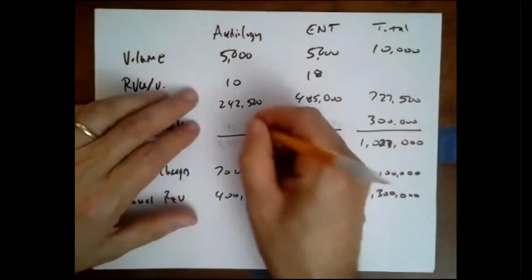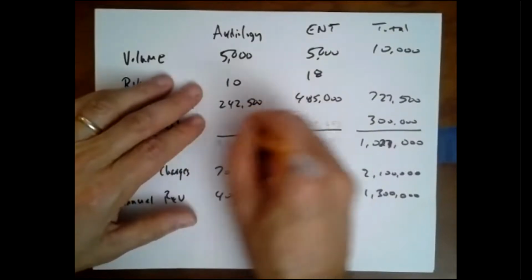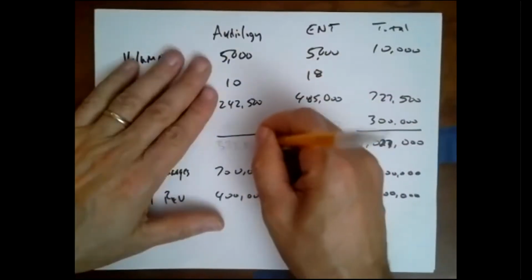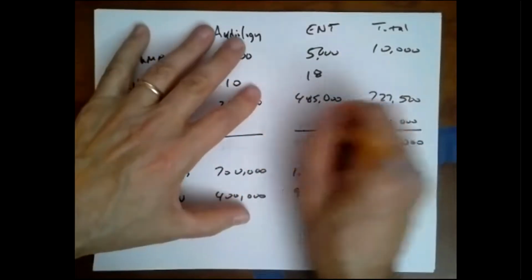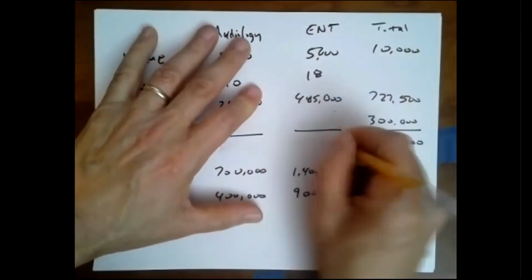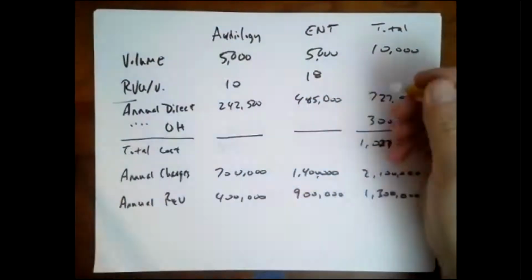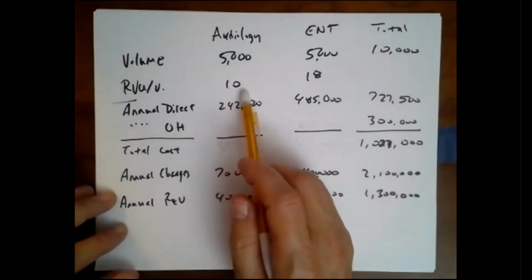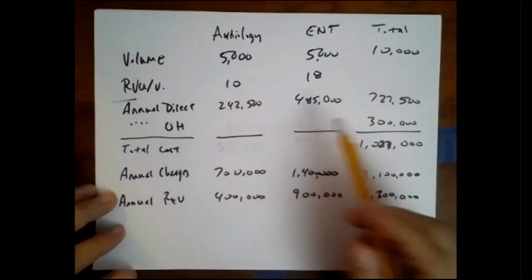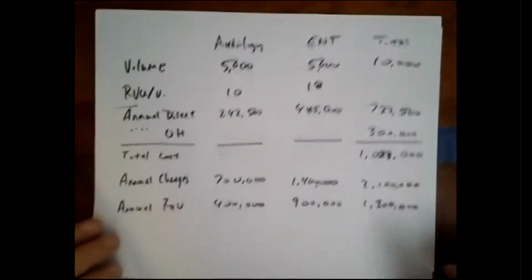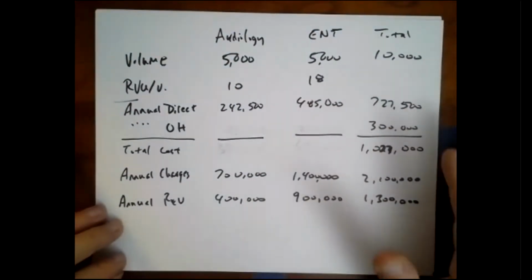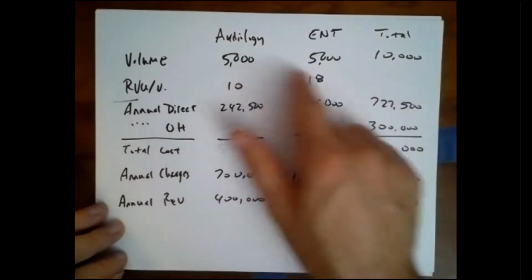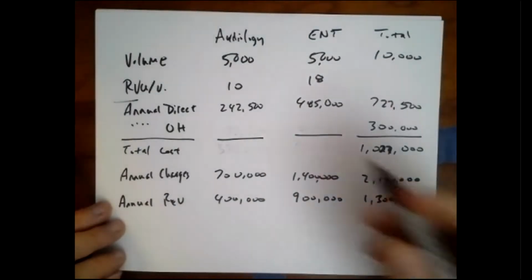The RVU method is very similar, but instead of charges, we're going to use RVUs. Now, you can't just use 10 RVUs and 18 RVUs. Well, you could in this case, kind of, but if these numbers were different, it wouldn't work out.